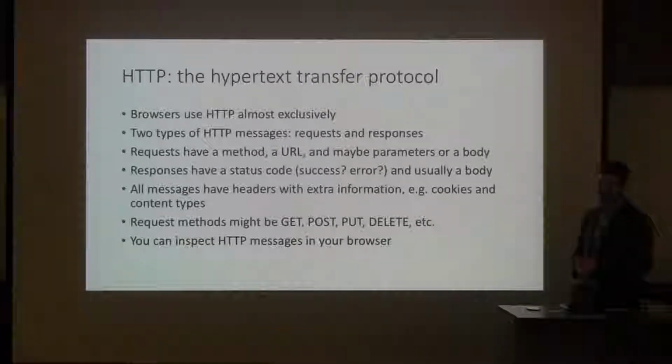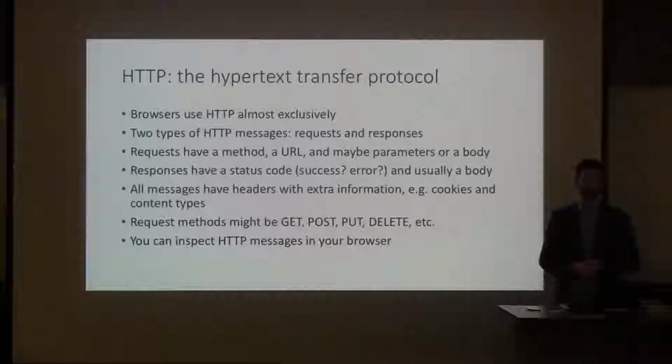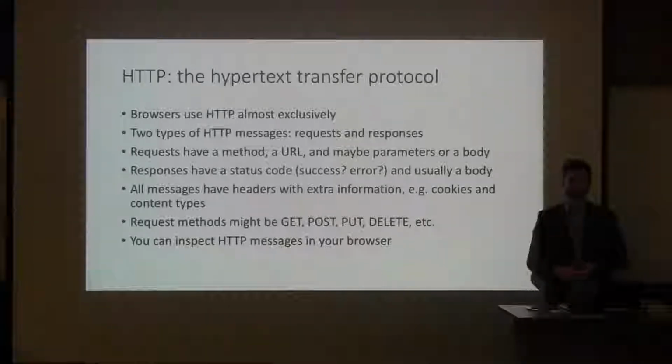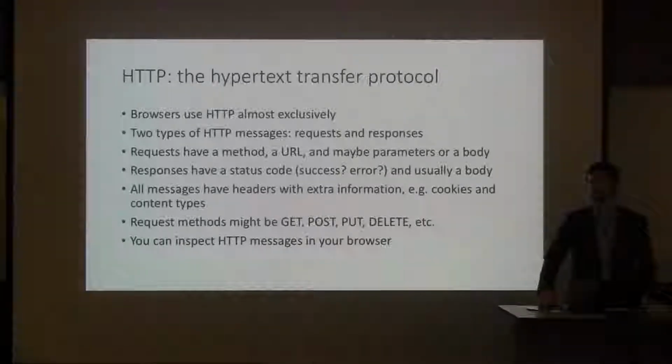All messages have headers, and they have extra information in them. Most headers are not required, but they're just a way to add extra information to a request or a response, like cookies. Cookies are information that's actually stored client side, like in the browser. A common header is content type. Anytime there's a body, you have to specify how to interpret that body.